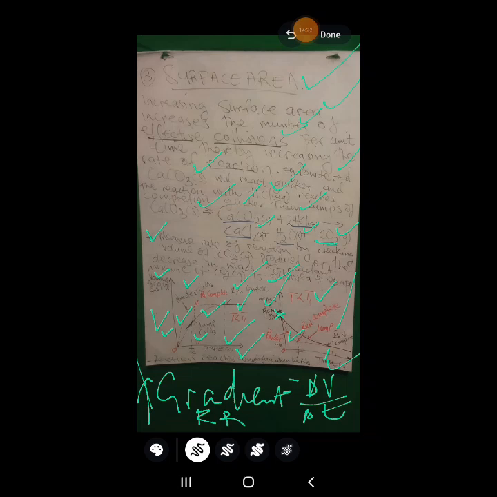The gradient of the dotted line is steeper, and the reaction reaches completion much quicker, at a certain time t which is less than the time t1 that we get when we are using a lump. So it is very important to be in a position to demonstrate and analyze graphs that have to do with the effect of increasing surface area on the rate of reaction.